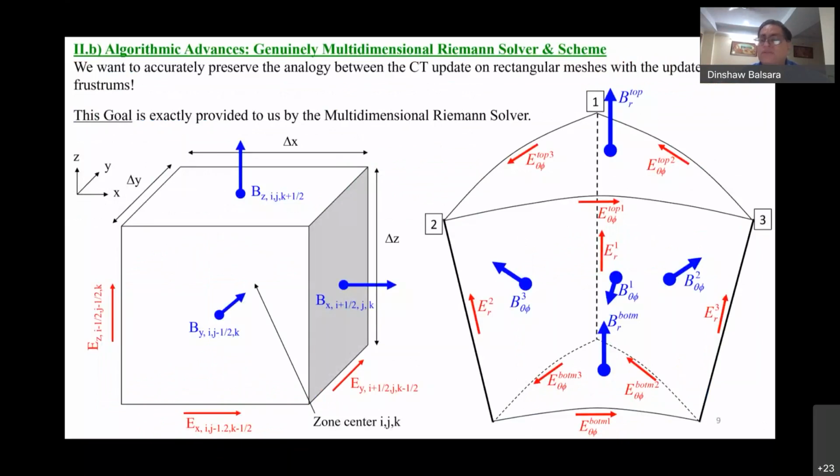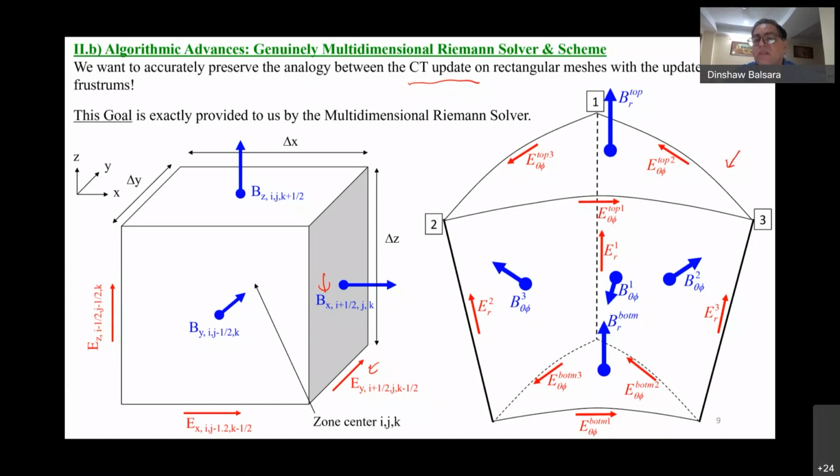Once you've set up a mesh, the gold standard in simulation is to use what is called a constraint transport strategy, where the magnetic fields are collocated at the faces of the mesh and the electric fields are collocated at the edges of the mesh, as you can see out here. We can replicate the same logic on the frustum on the right.